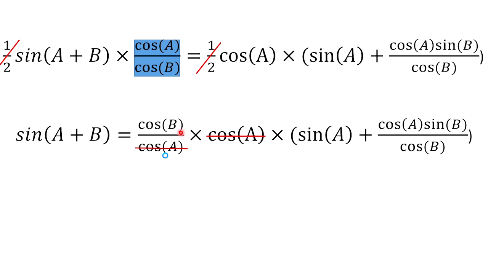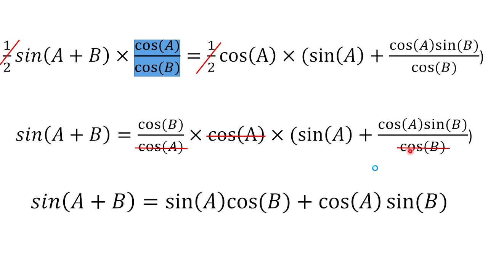Since this cosine A is going to times sine A and also distribute over the other term right here, the cosine A and cosine B will cancel out as well. So it turned out that we derive sine A plus B equals sine A cosine B plus cosine A sine B, and that concludes the proof.